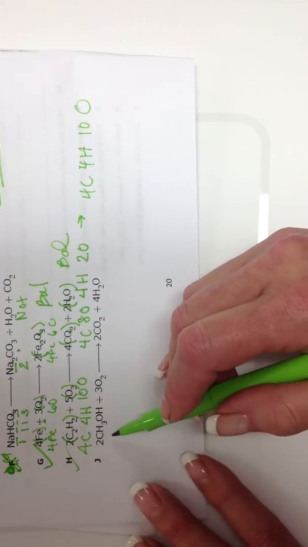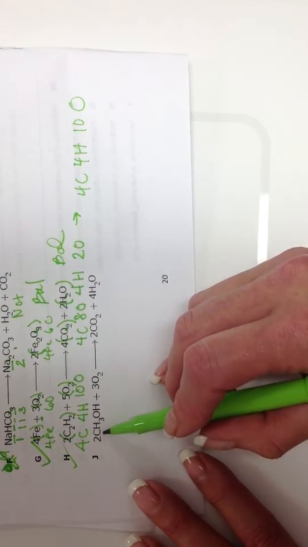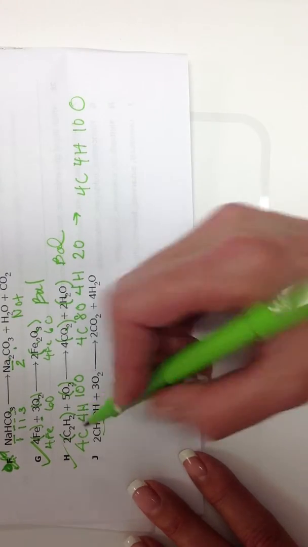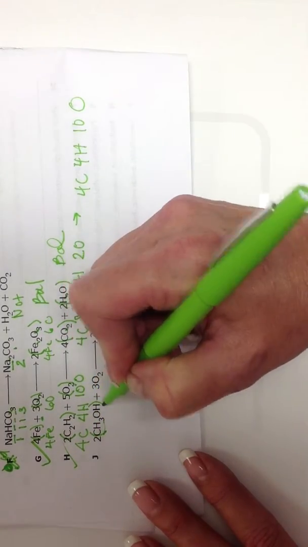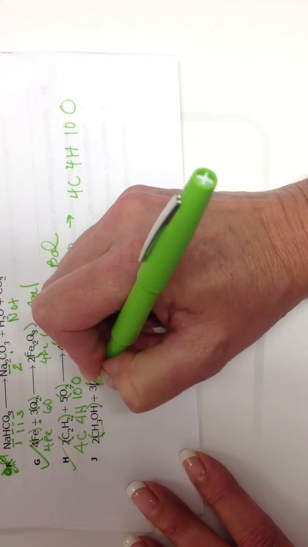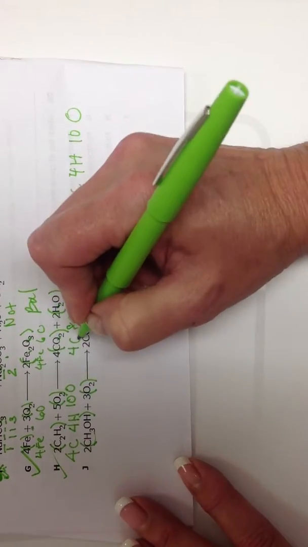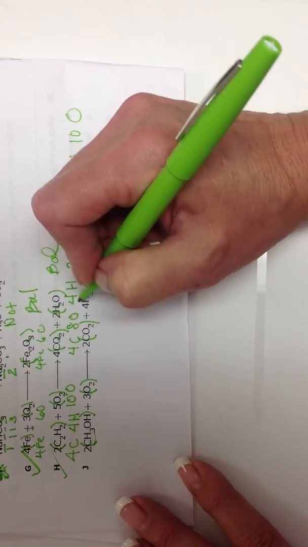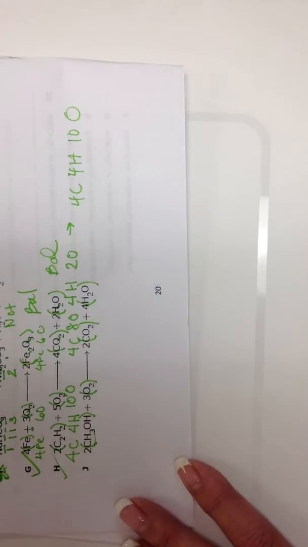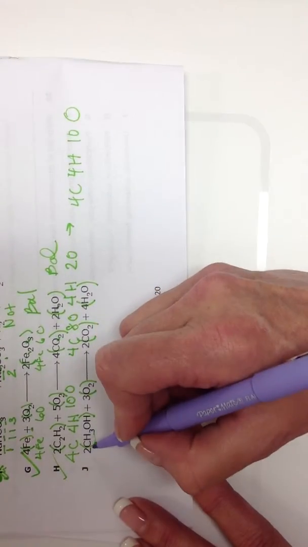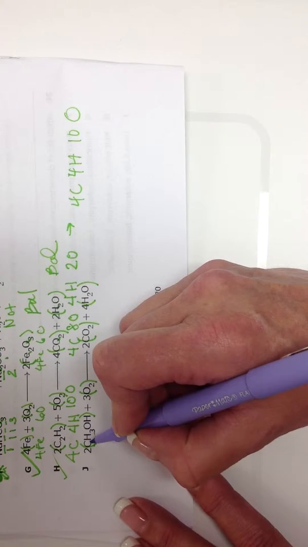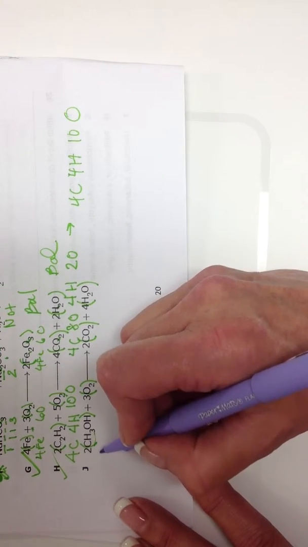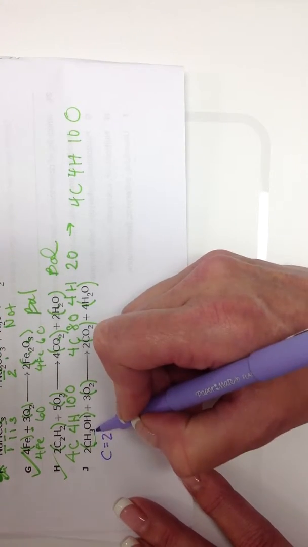And this last one here, we have 2CH3OH, so 2 times this whole thing, 3O2, 2CO2, and 4H2O. So let's figure that one out. So here we have 1 carbon times the 2, C is equal to 2.